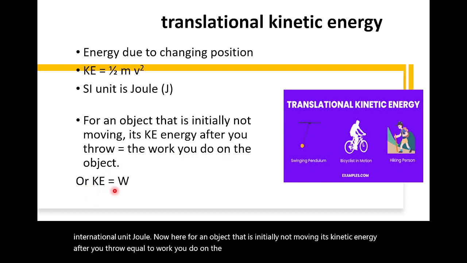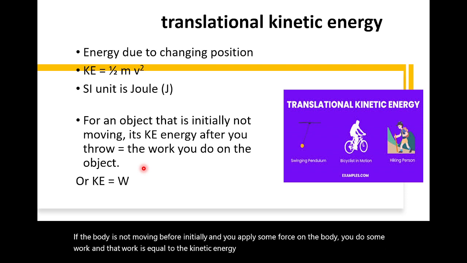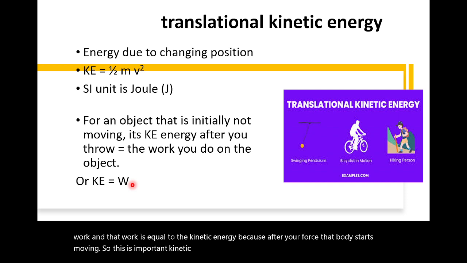So kinetic energy is equal to work done. If the body is not moving initially, and you apply some force on the body, you do some work, and that work is equal to the kinetic energy, because after your force, that body starts moving. This is important. Kinetic energy is equal to work done.